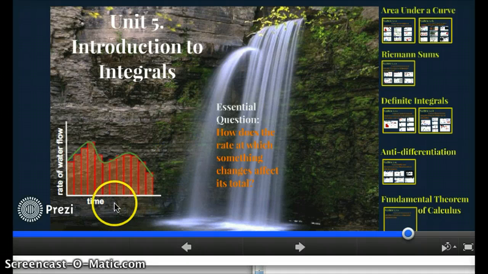So, in this example, if each of these rectangles is measuring a sliver of area underneath the curve of the rate at which the water is flowing over the waterfall, we've already discussed that one of these rectangles' area really is a representation of how much water went into the pool at that particular interval of time. So if I add up all of the areas, I end up with the total amount of water that flowed into or possibly out of the pool. In other words, it's the total change in the amount of water.